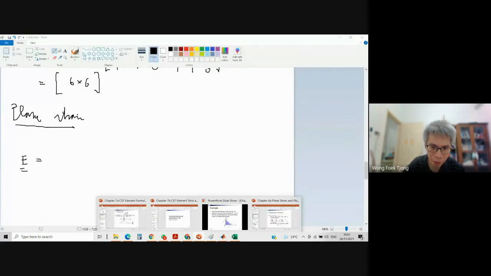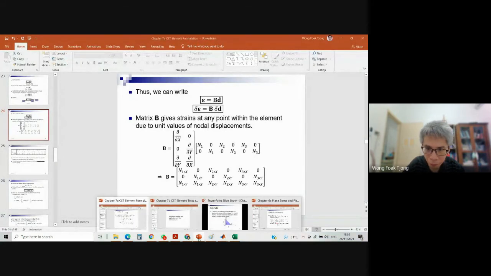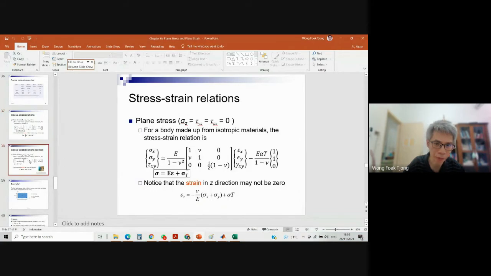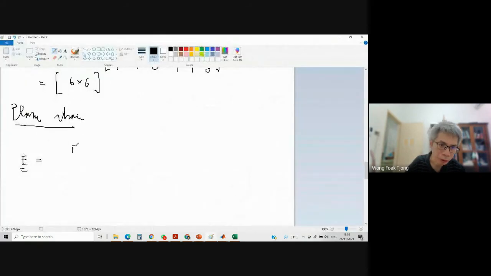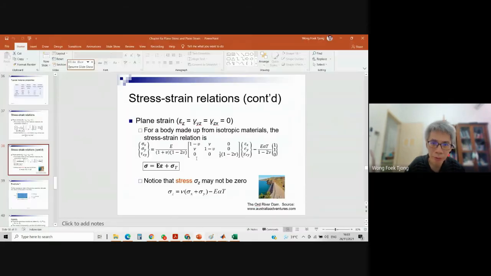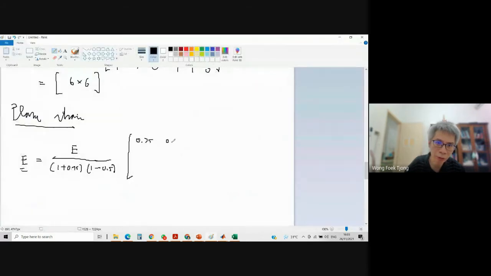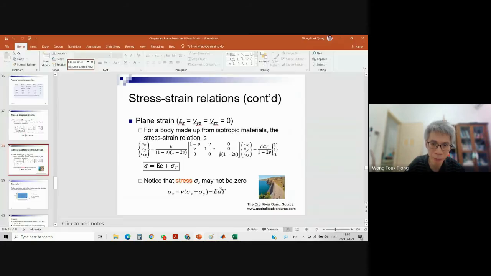Here. E over 1 plus nu times 1 minus 2 nu, where 1 minus 2 nu is 0.5, 1 minus nu is 0.75, nu is 0.25, then zeros, and the last entry is 1/2 of 1 minus 2 nu.